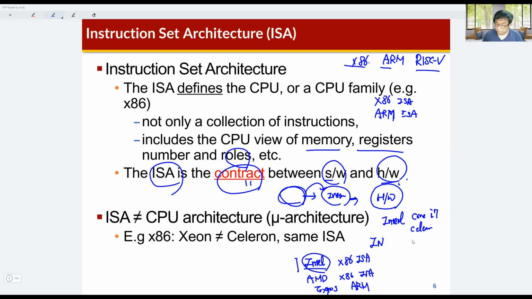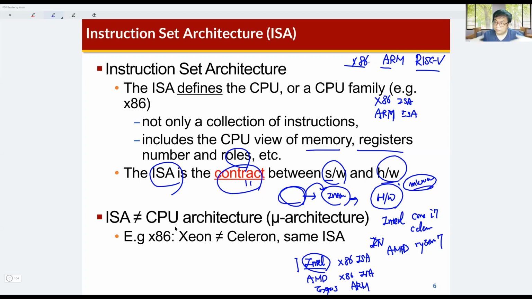Also, AMD has the Ryzen 7 microarchitecture. So microarchitecture is different from instruction set architecture. Microarchitecture just describes how the inside of the CPU, the inside of the processor, is designed.